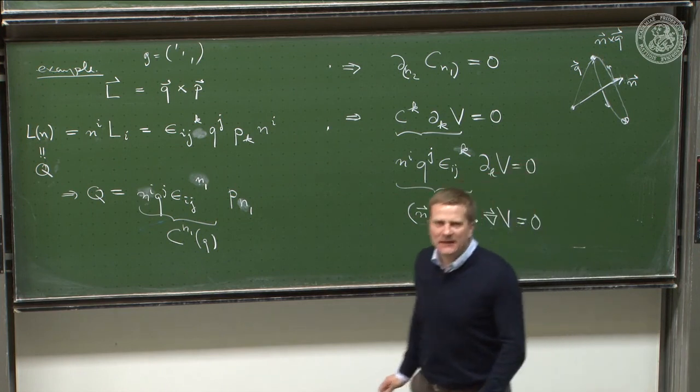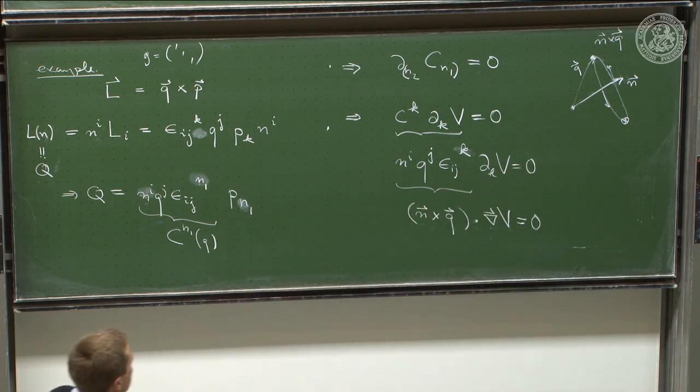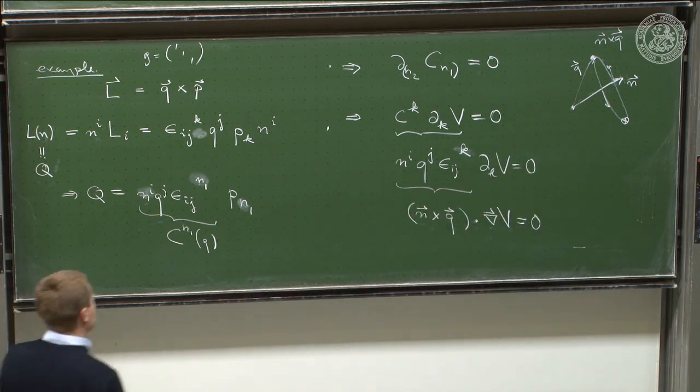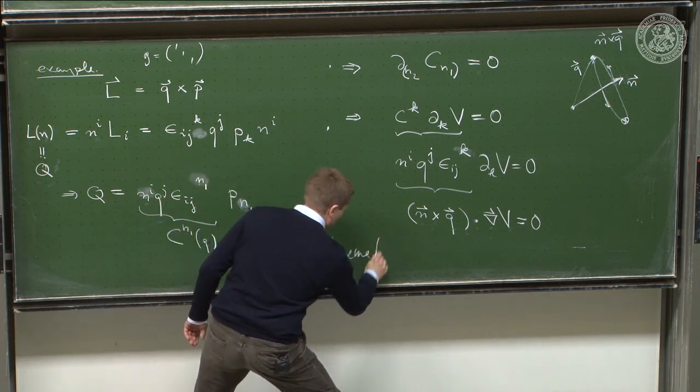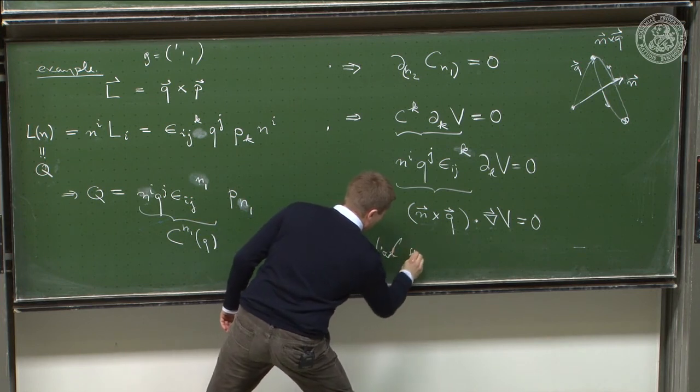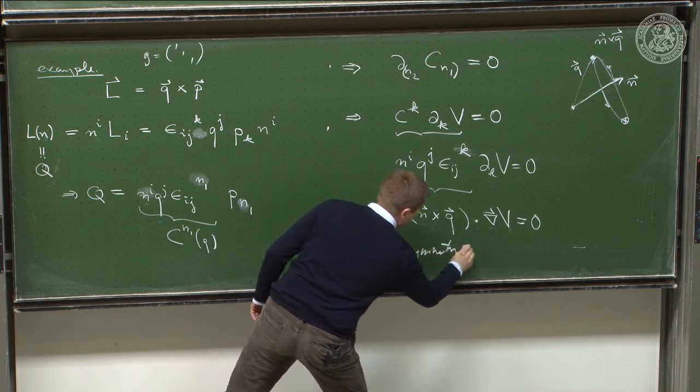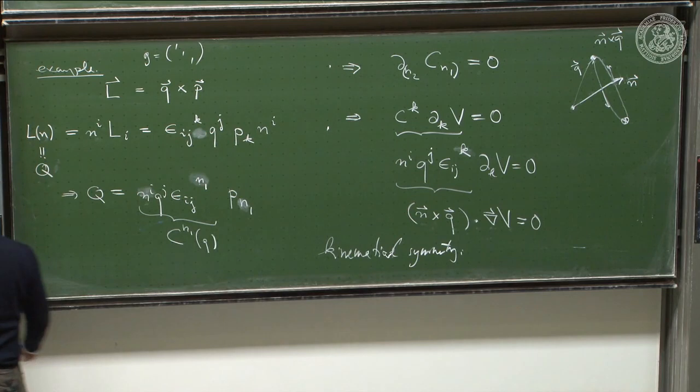Now, is this a kinematical or is it a dynamical symmetry? And the point is, it's a kinematical symmetry. And what do we need to do to study this question?